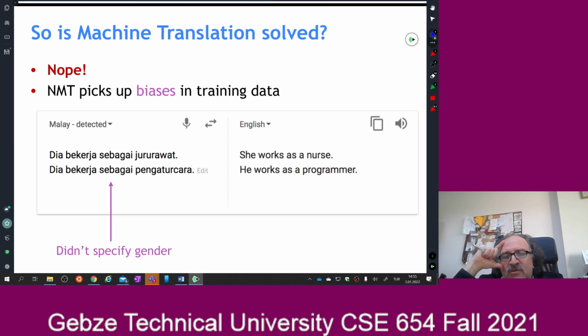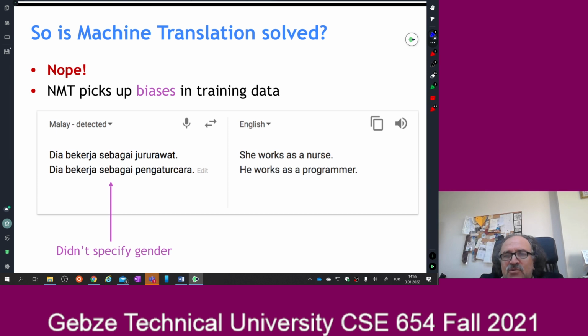In Turkish we don't have gender. When you say she works as a nurse, in Turkish we say hemşire olarak çalışıyor. He works as a programmer, we say programcı olarak çalışıyor. But when you translate this to English, you have to say either she or he.